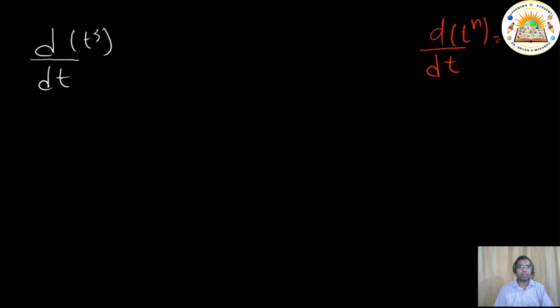Applying the same formula here, d by dt of t cubed, that means n is 3, so you write it first, t to the power 3 minus 1, which is 3t square.